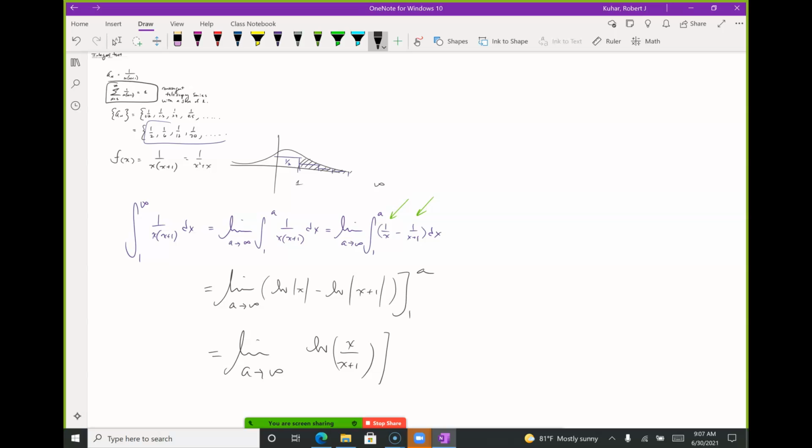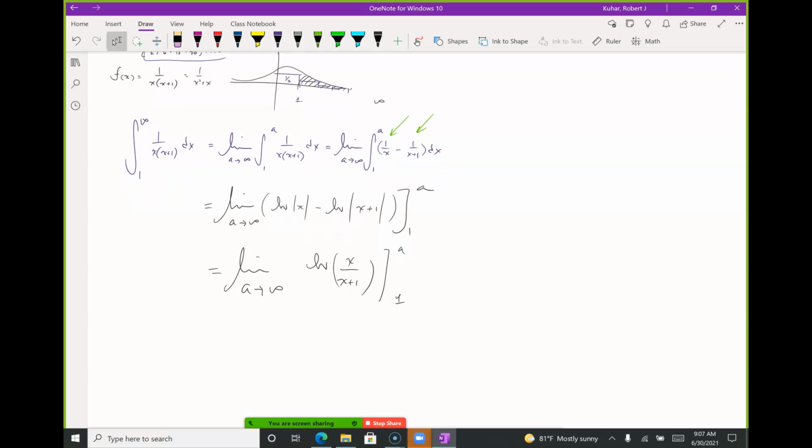So I can combine this into a single ln term. I need the limit when I plug in a. And I don't need the limit when I plug in 1.